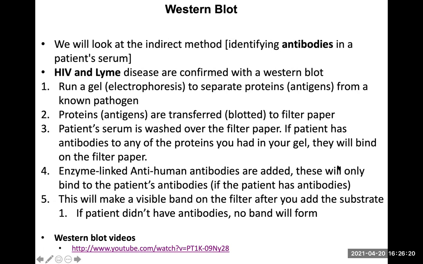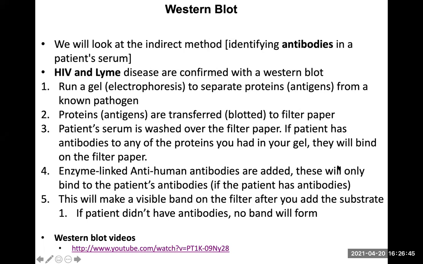Whenever you look for antibodies, it's indirect, okay? So in general, you're going to run a gel electrophoresis to separate proteins, which would be the antigens, okay? And then you blot those onto what we call a filter paper. And now that filter paper has the antigens.